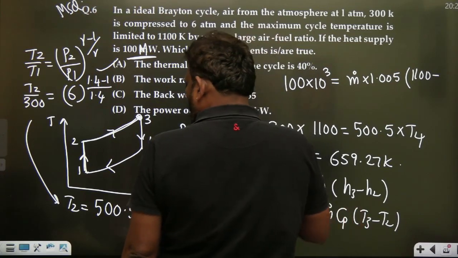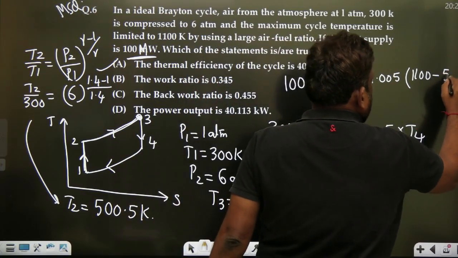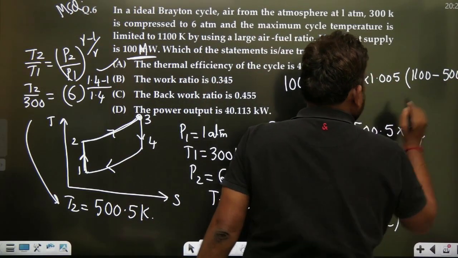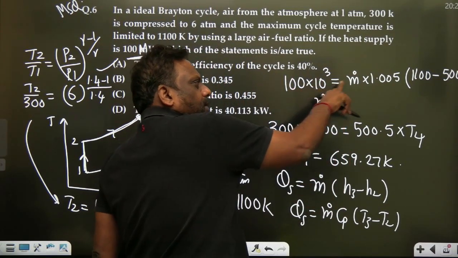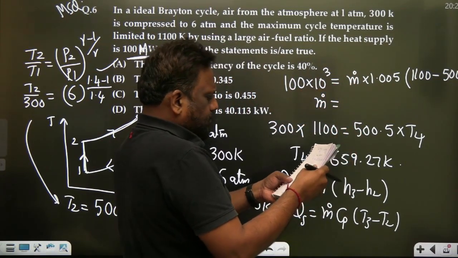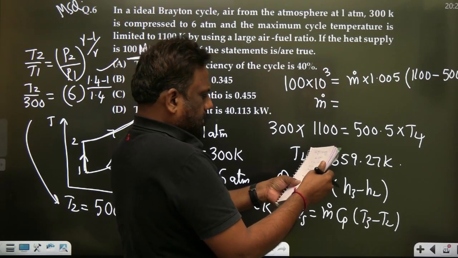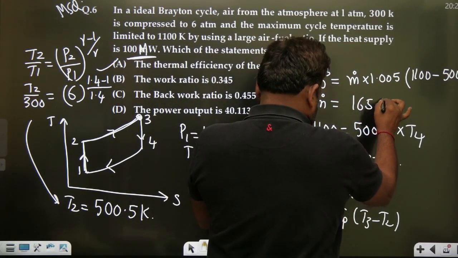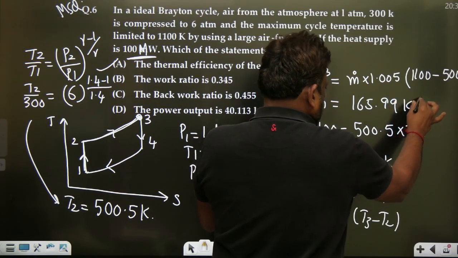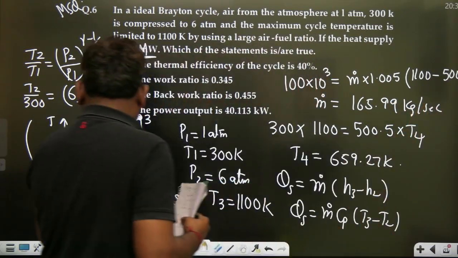What is T2? 500.5. What is the mass flow rate? Listen carefully. If this is in kilowatt, it will be kg per second. And if you see, the value is 165.99 kg per second.